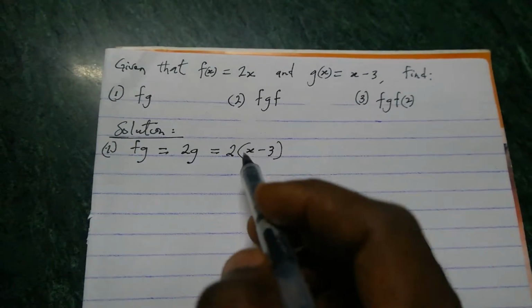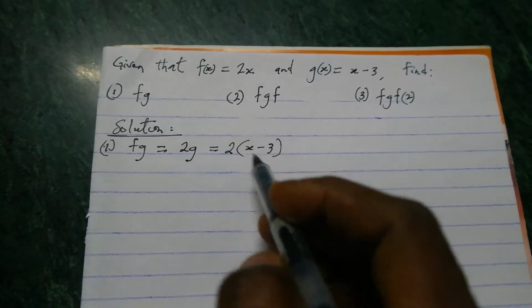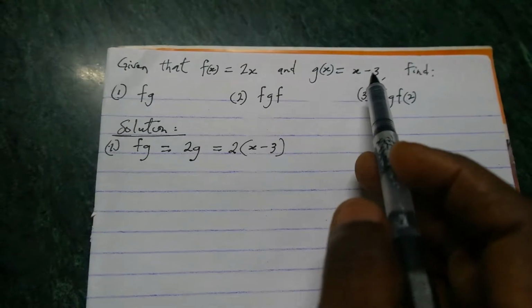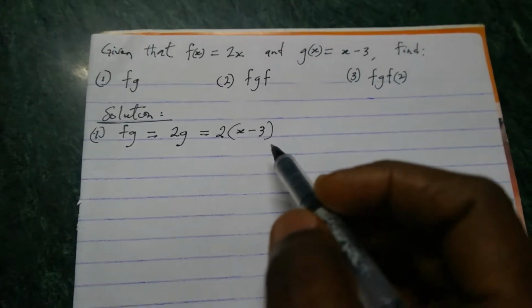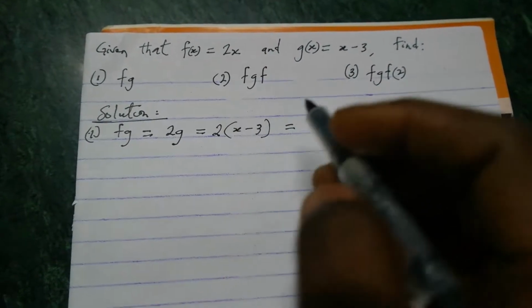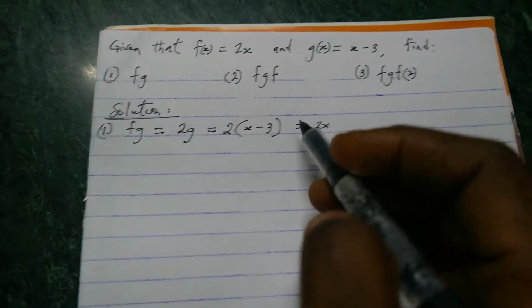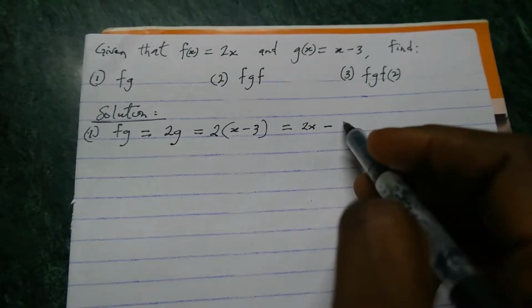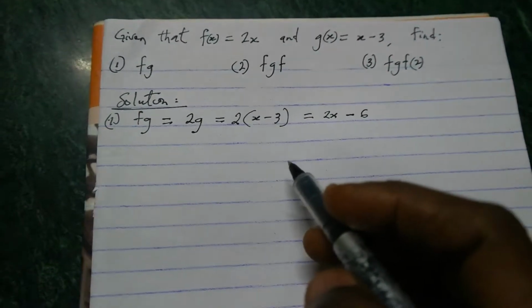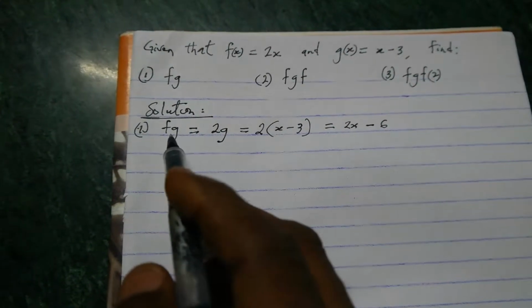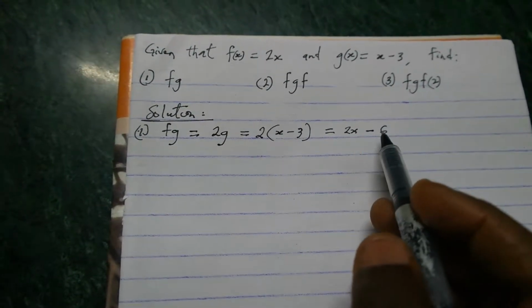We need to put x minus 3 in brackets simply because it is a compound term. So open the bracket, 2 times x, so we have 2x, 2 times minus 3, so that will give us minus 6. So that is the answer, f of g is 2x minus 6.